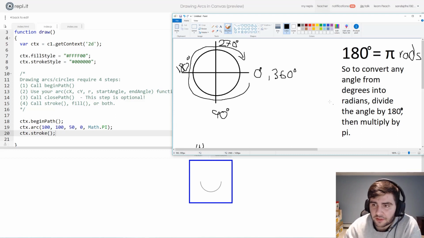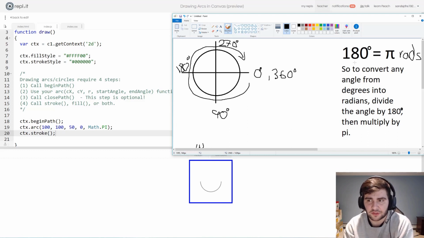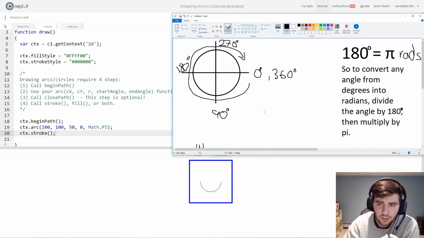And this is incredibly easy for helping us convert from a degree angle measure to a radian angle measure, because if 180 degrees is equal to pi radians, we could just multiply whatever our angle value is by pi over 180.